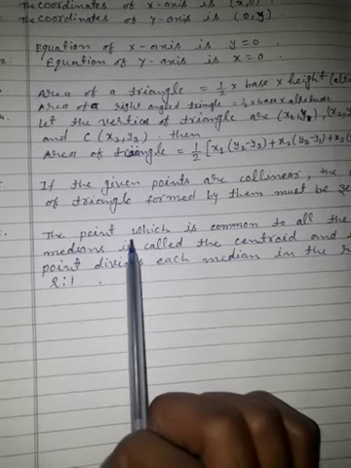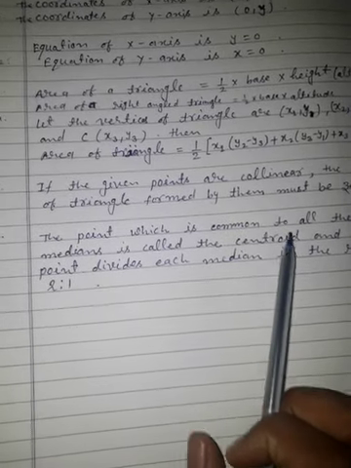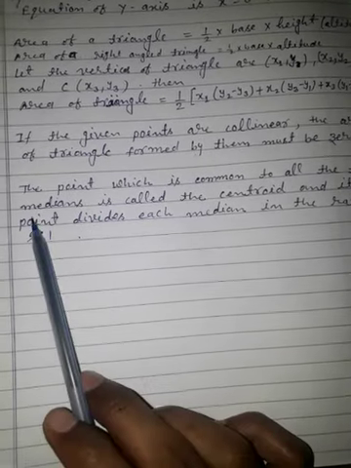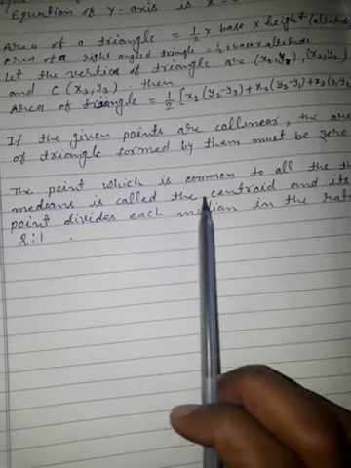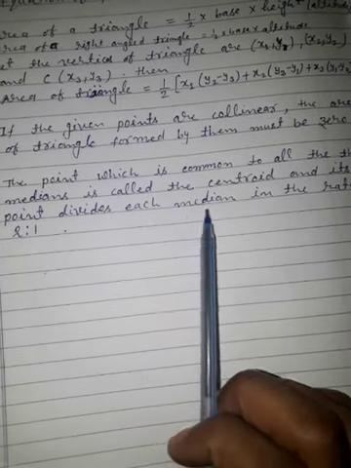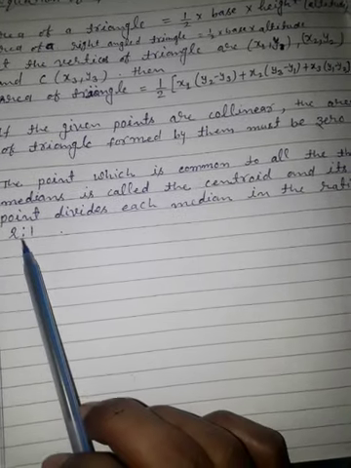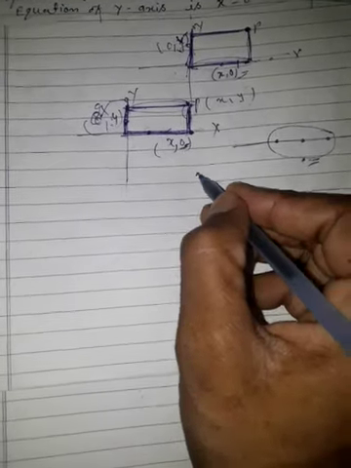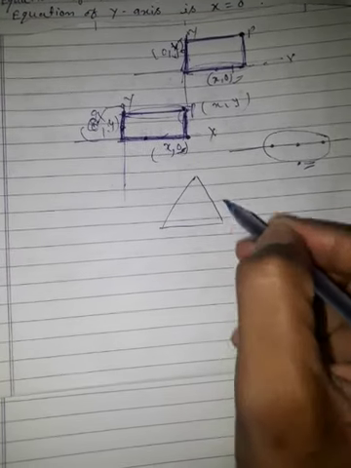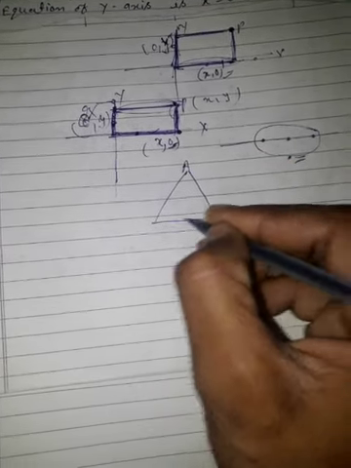Next point, the point which is common to all the 3 medians is called the centroid, and this point divides each median in the ratio 2:1. This is triangle ABC.